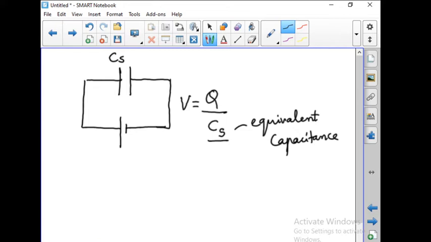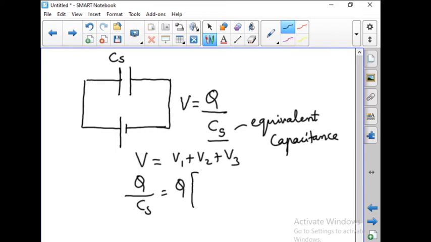So we can write V is equal to V1 plus V2 plus V3, and V is equal to Q by Cs is equal to Q into 1 by C1 plus 1 by C2 plus 1 by C3.